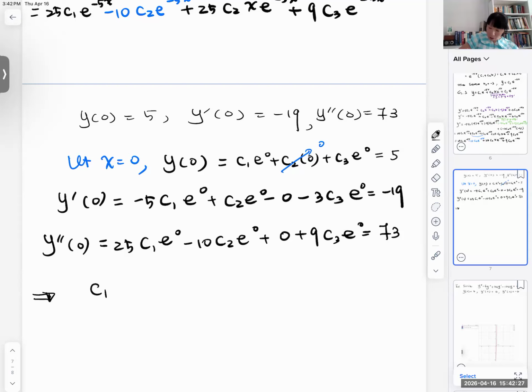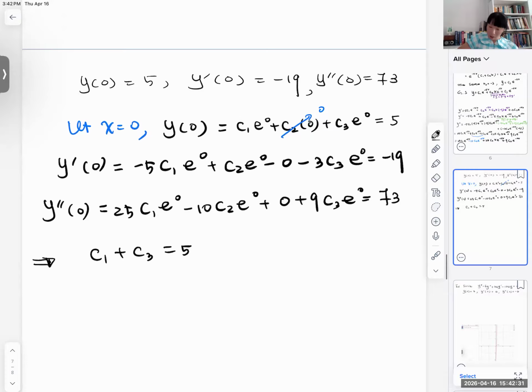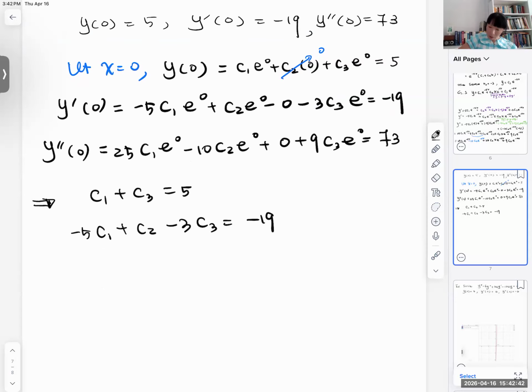So we have c sub 1 plus c sub 3 equal to 5. We have negative 5 c sub 1 plus c sub 2 minus c sub 3 equal to negative 19. And we have 25 c sub 1 minus 10 c sub 2 plus 9 c sub 3 equal to 73.